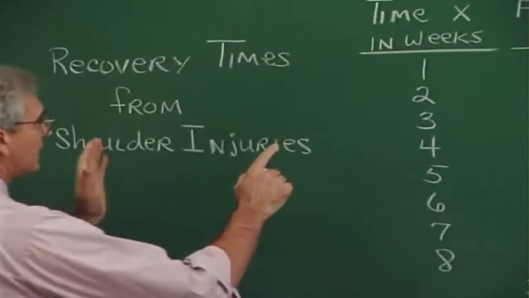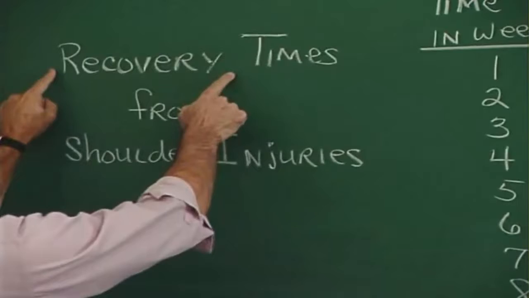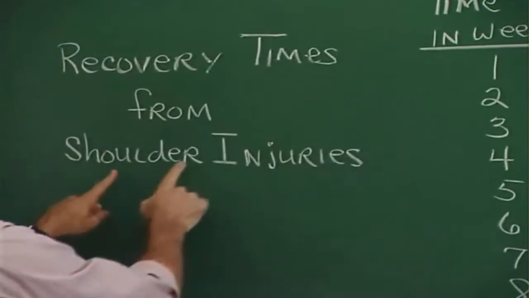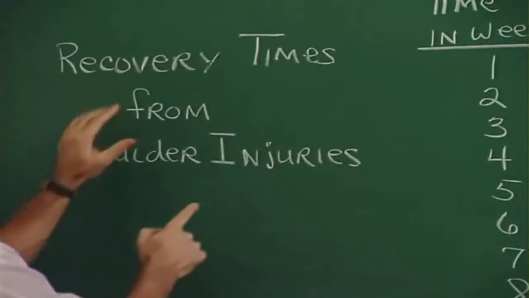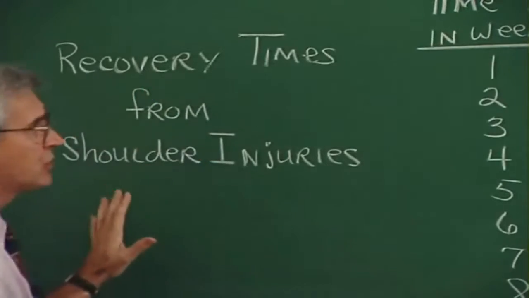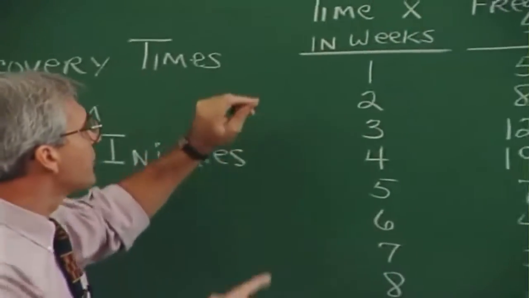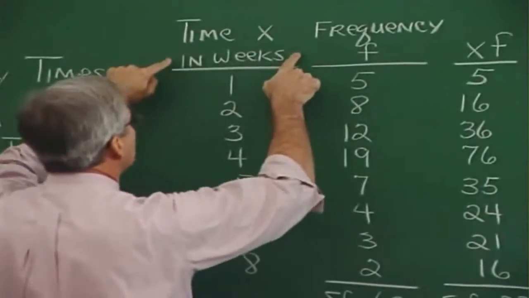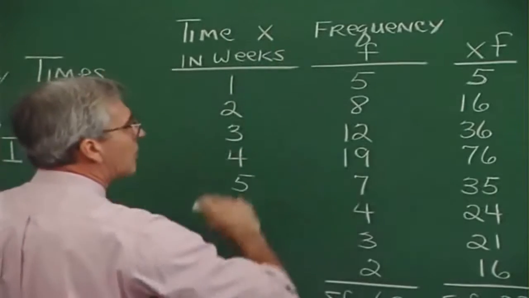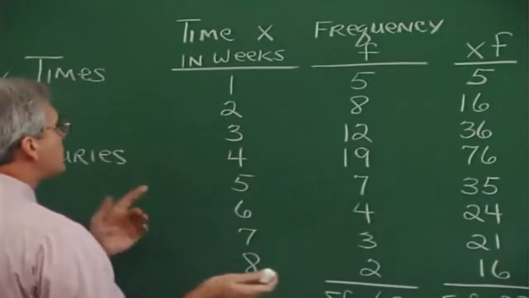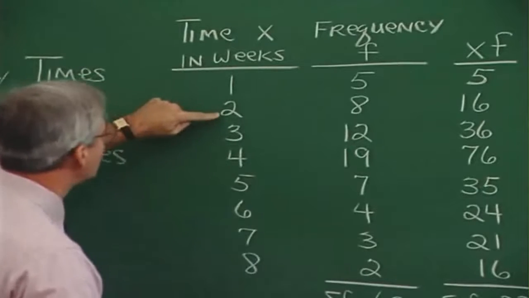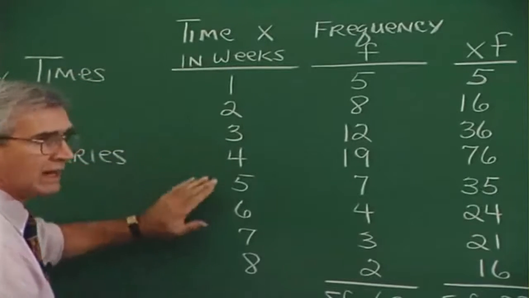There's a table over here involving the recovery times from shoulder injuries. Here's the time X in number of weeks, and there are various patients. Some patients take 1 week, some take 2, some take 3, some take 4, and so on.